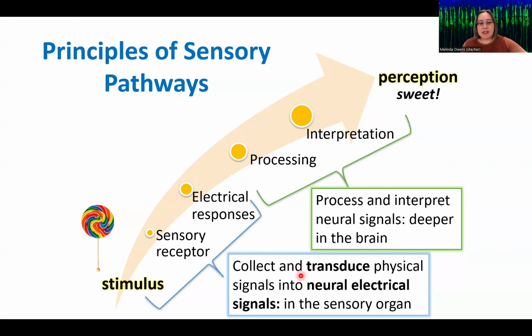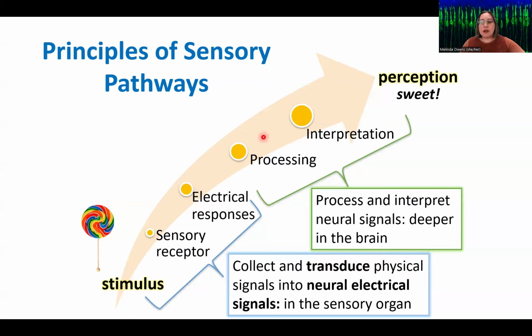And these collect and what's called transduce physical signals into neural electrical signals. And this happens in the sensory organs. So in the case of a lollipop, that would be the tongue, right? So transduce means to change something from one form into another. So it's changing a physical signal into an electrical signal, and that creates an electrical response.